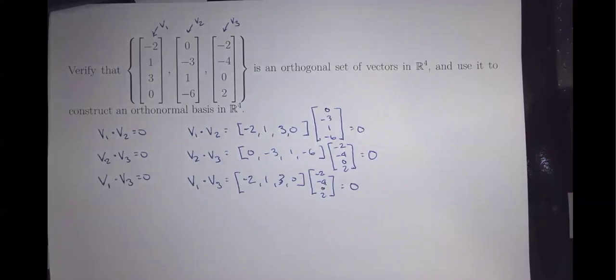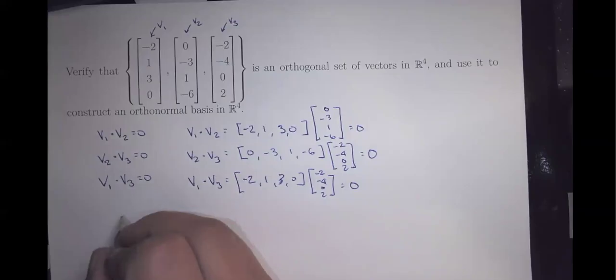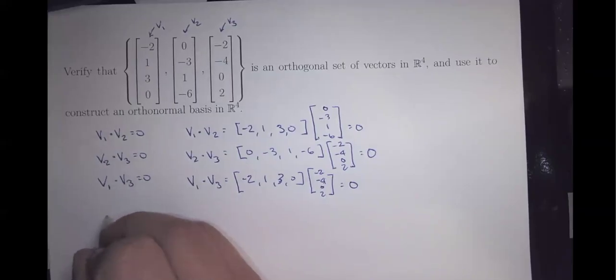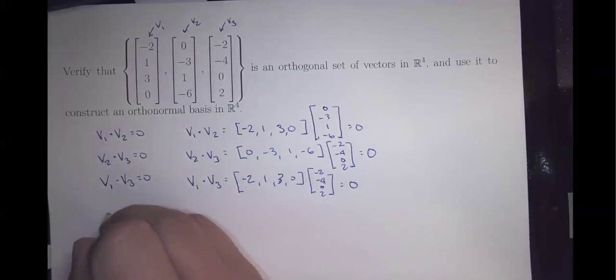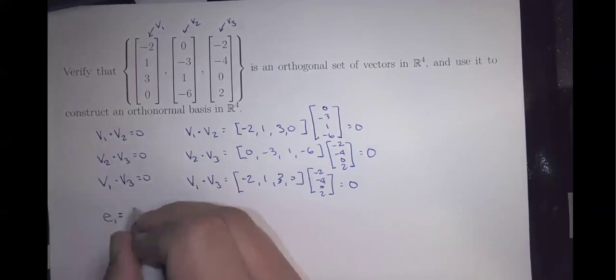To be orthonormal, we need them to be unit length. So our E1, we'll call it, will be in the direction of V1, but of unit length.